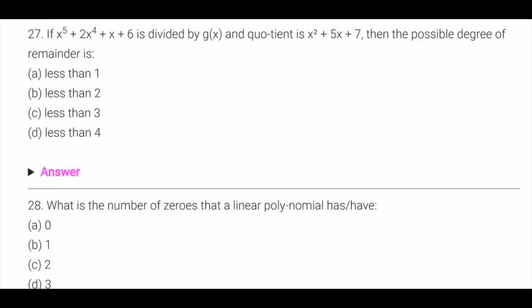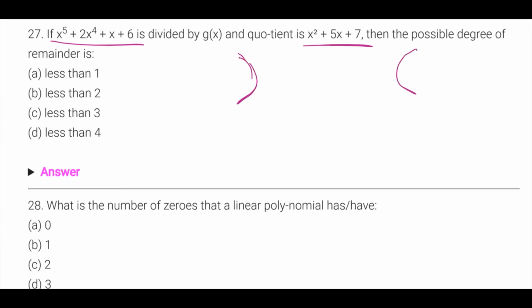Next, 27th question. It's the same question. The quotient is x square plus 5x plus 7, then the possible degree of the remainder is. So he's asking about the remainder degree now.